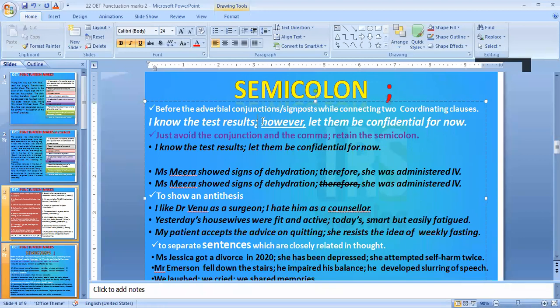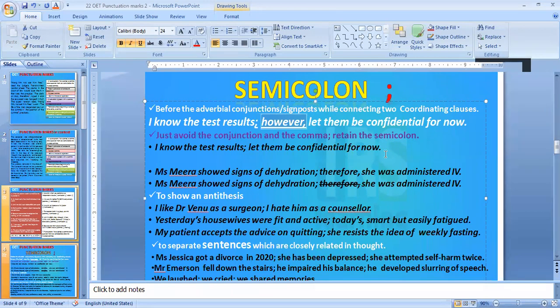See these two, conjunction and the comma, you can avoid. However, comma you can avoid. And read this one. The answer is given here. I know the test results, semicolon, let them be confidential for now. Okay. This is fine. Just semicolon is enough. That's the point. If you are not very sure about the use of the signpost and comma, a semicolon is enough.